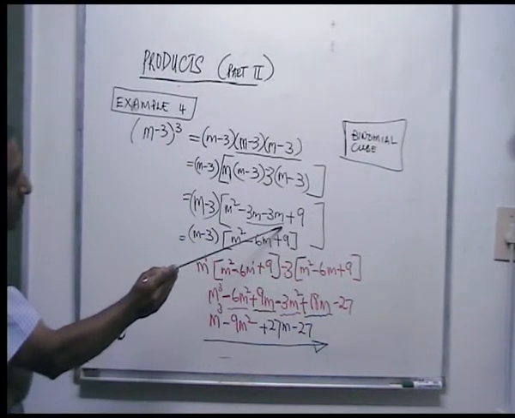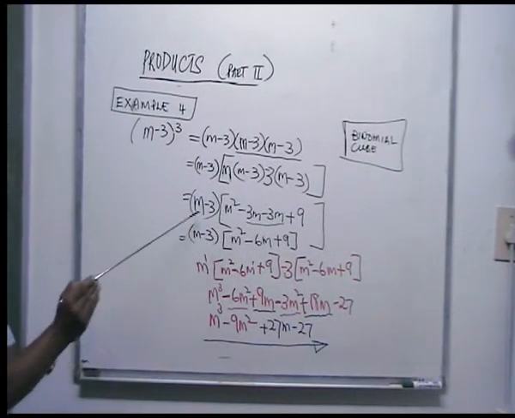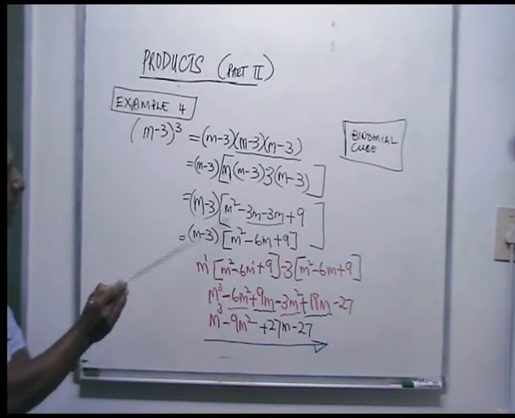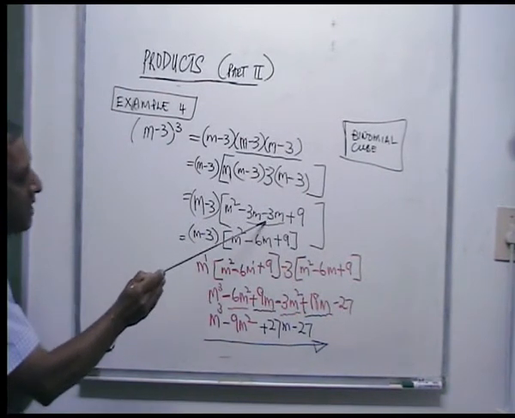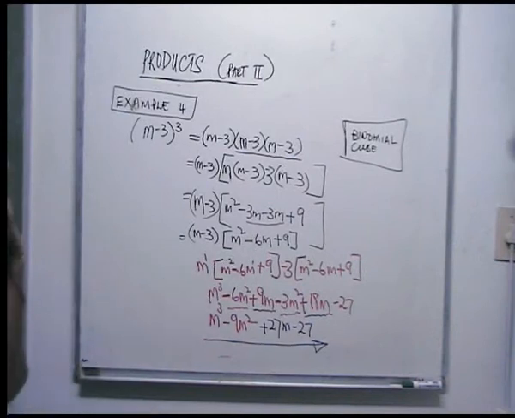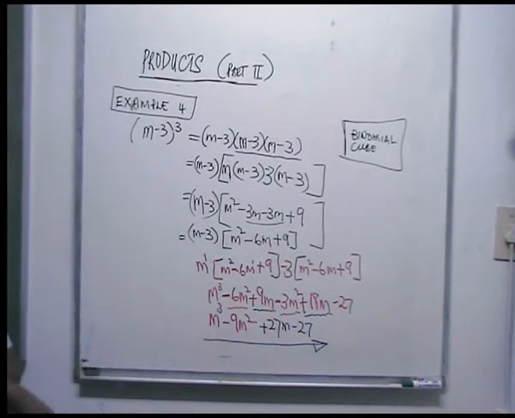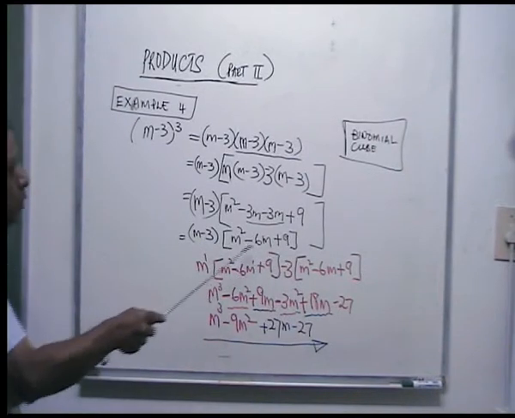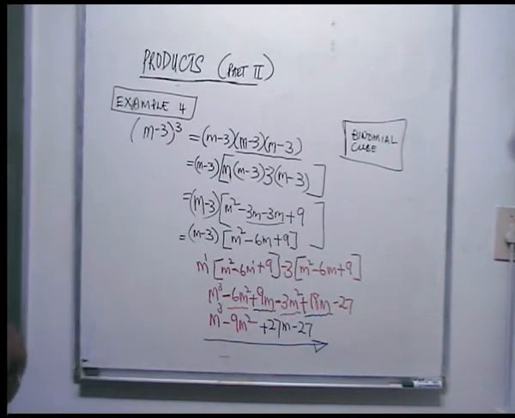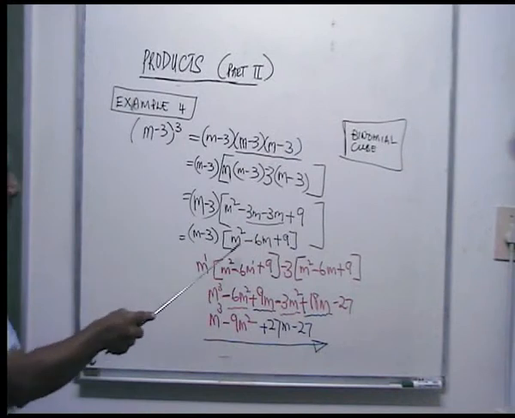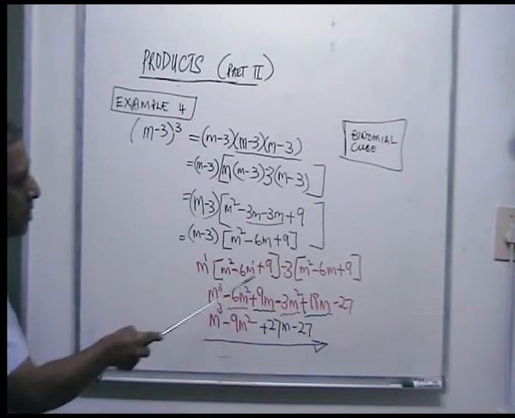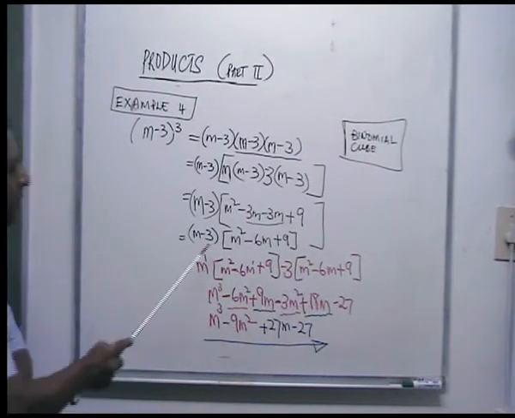Then when we're looking in this bracket here, we can see like terms. Just bring this down. There's your m squared. Minus 3m and minus 3m gives you minus 6m, and bring down that 9. And then you realize that, look, you got 2 brackets here that you are multiplying. Therefore, write the second bracket down 2 times.